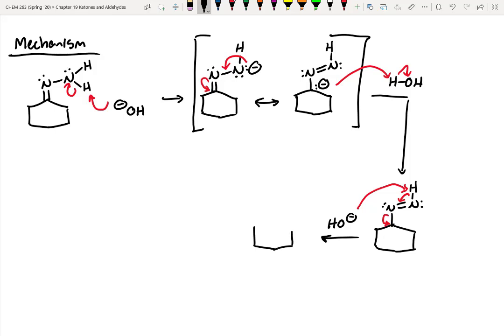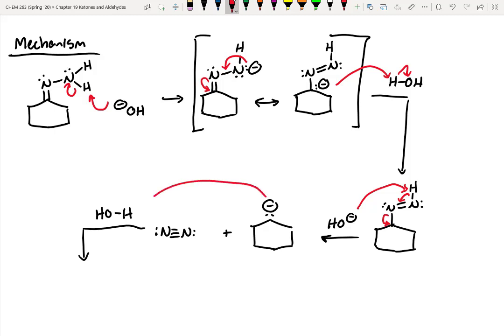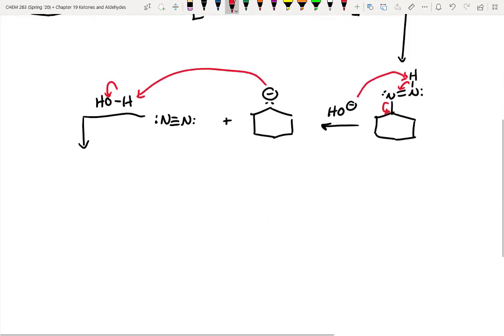All right, so that leaves us with a lone pair on that top carbon. We also have our nitrogen gas that will bubble out of solution. It's a really, really good leaving group. And then in our last step, all we need to do is protonate the position on the top in order to give us our neutral product.